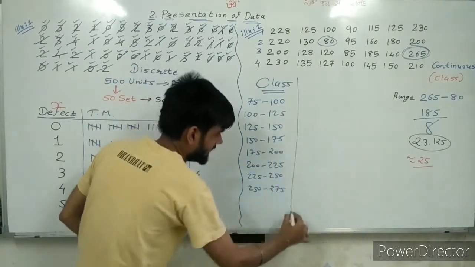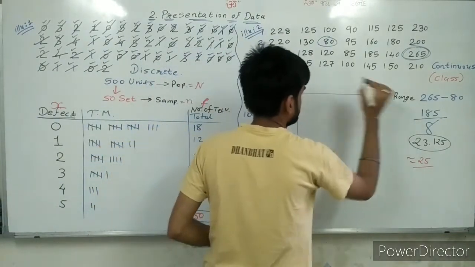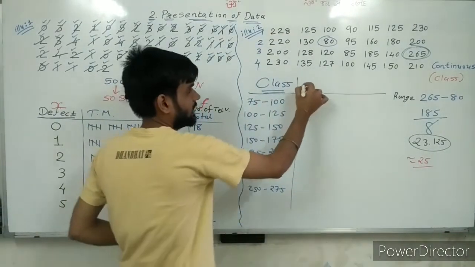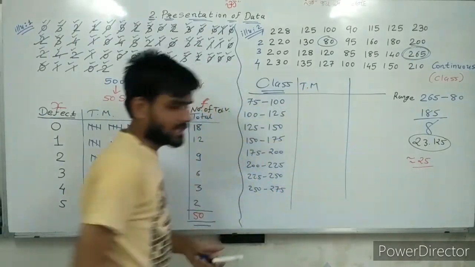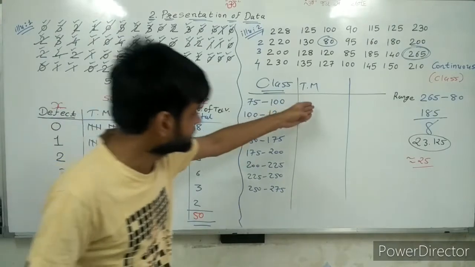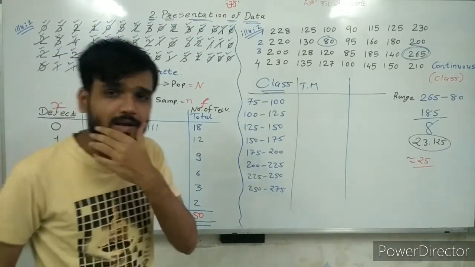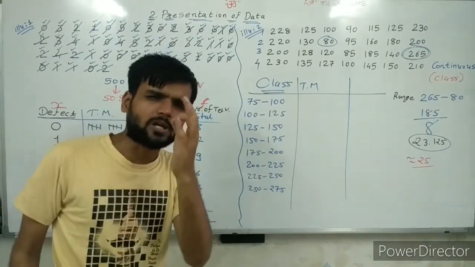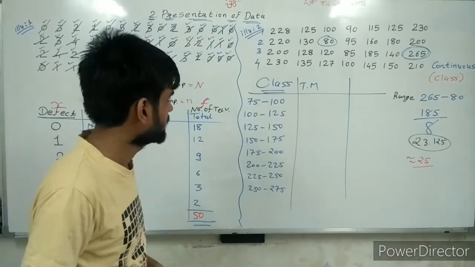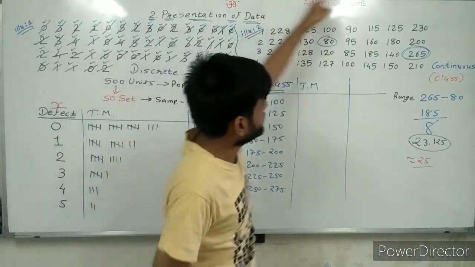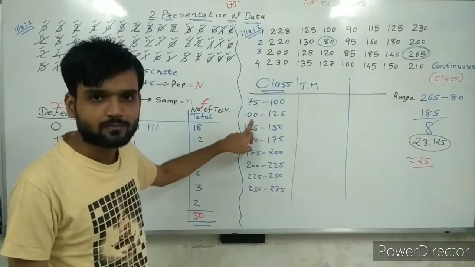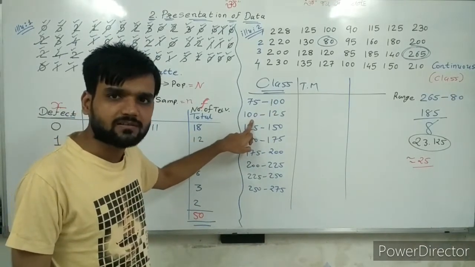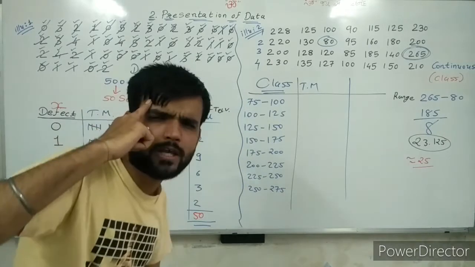Now against it, again tally marks, we are making tally marks against it. Now here one question arises. If 100 is given, then do we take 100 here or here?